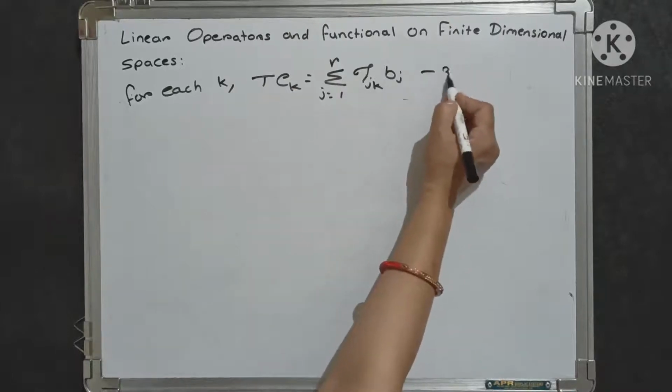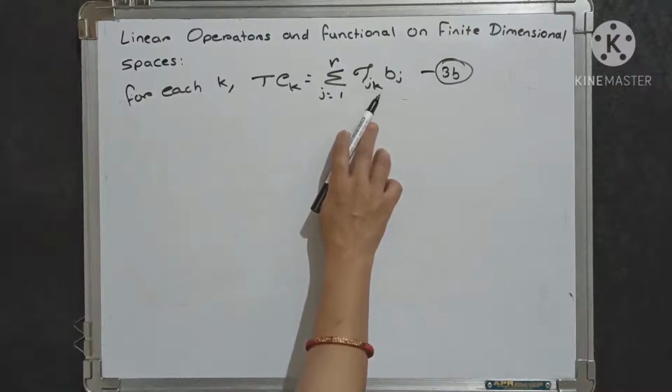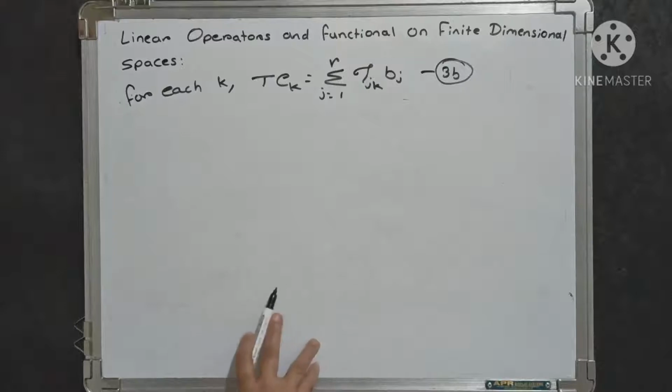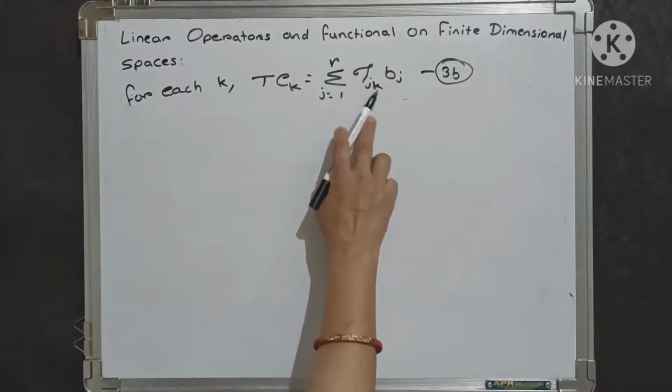This is 3B. And in τ_jk, k corresponds to this k and j corresponds to this j, and therefore we write it as τ_jk.